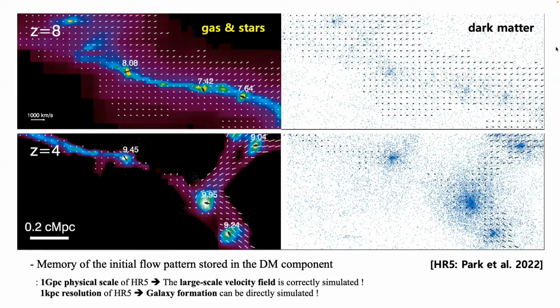And this was possible because the physical size of the Horizon 5 simulation was 1 gigaparsec, and therefore the large-scale velocity field is correctly simulated, and this dominance of disk formation is partly due to our large box size.